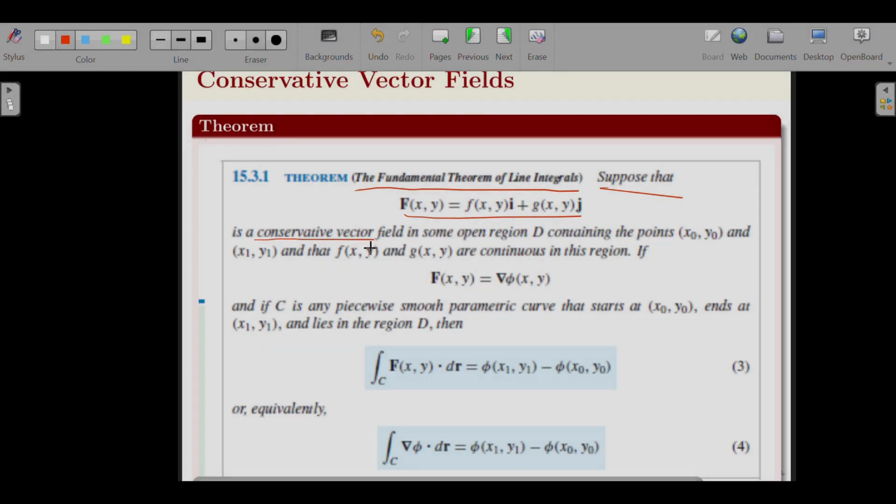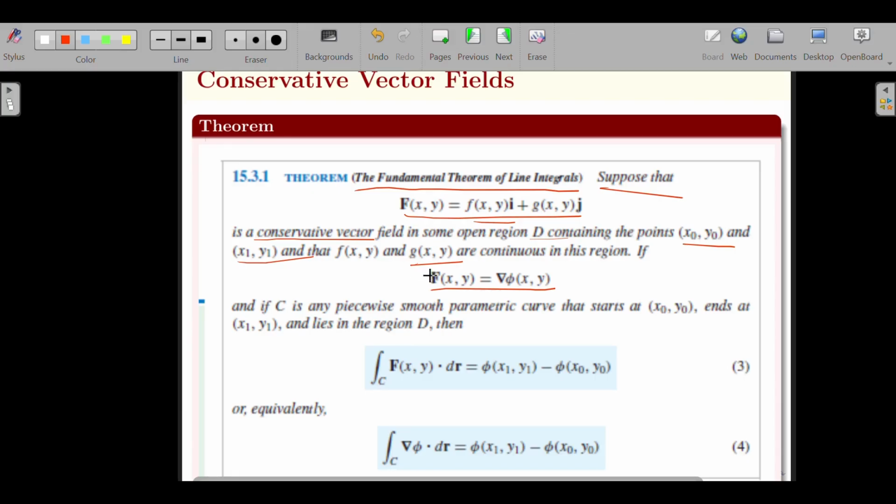Suppose that it is a conservative vector field, which means that there exists a scalar function phi with the property that the gradient of that scalar function is the vector field F, in some open region D containing the points (x0, y0) and (x1, y1), and that f of x,y and g of x,y, the components of the vector field F in the i and j directions, are both continuous. If F of x,y is equal to the gradient of phi, that is, there exists a scalar function.